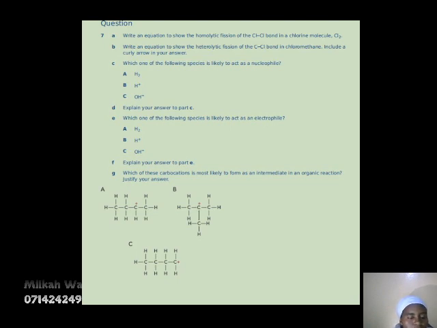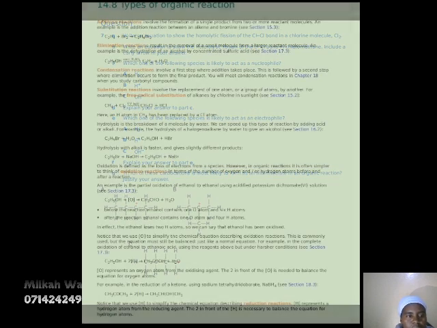You have B, which is the tertiary carbocation, and then you have C, which is a primary carbocation, and you have A, which is a secondary carbocation. So the one that is likely to form an intermediate is B, which is a tertiary carbocation.